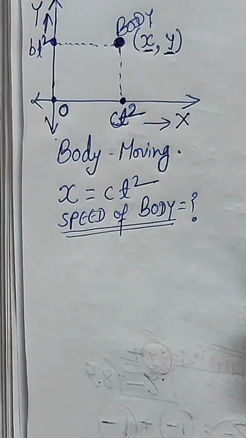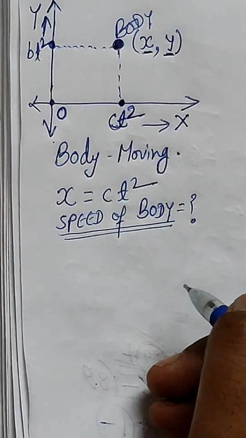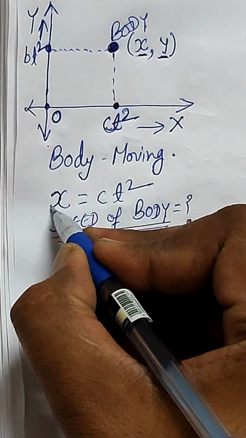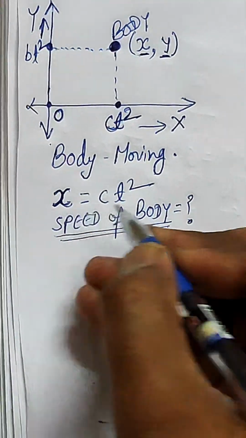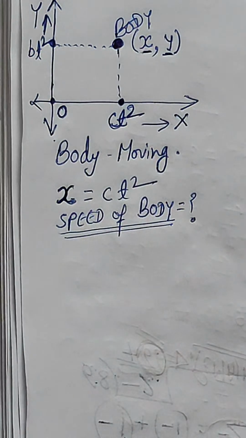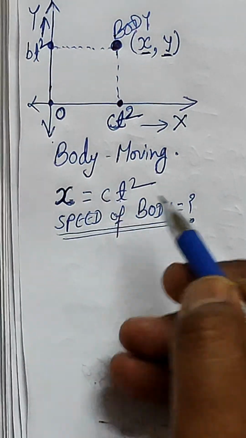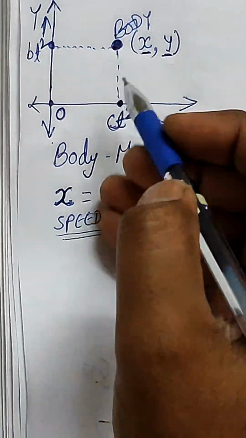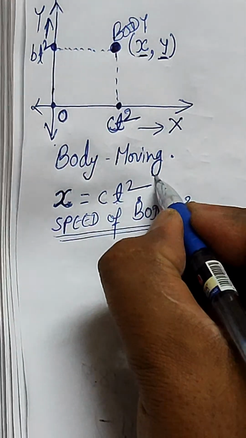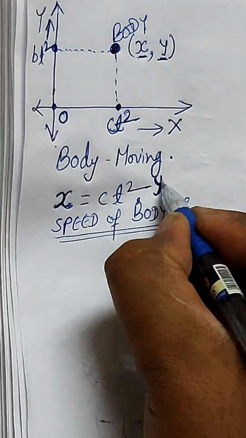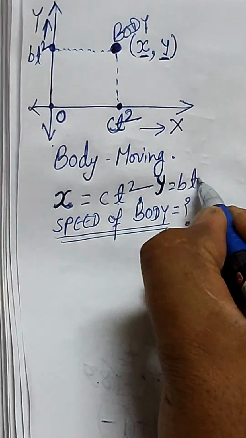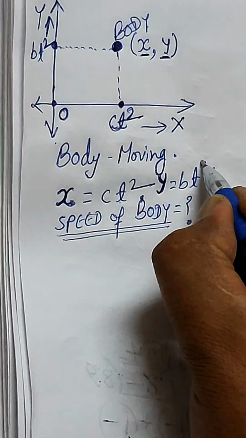The speed of the body can be simply calculated by dx by dt, isn't it? Because this is the x coordinate ct square, and it's also given that the y coordinate is bt square.